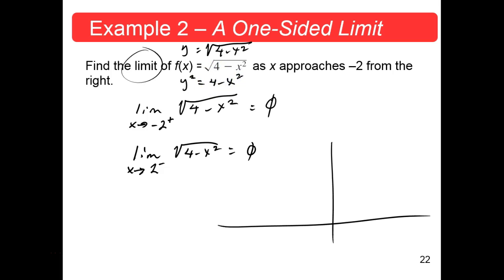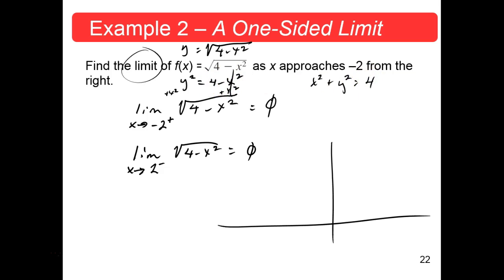And then what could you do, especially if you like all the variables to hang together, all the constants not to? What happens if you add x squared to both sides? What do you get? X squared plus y squared equals 4. And what does that describe?